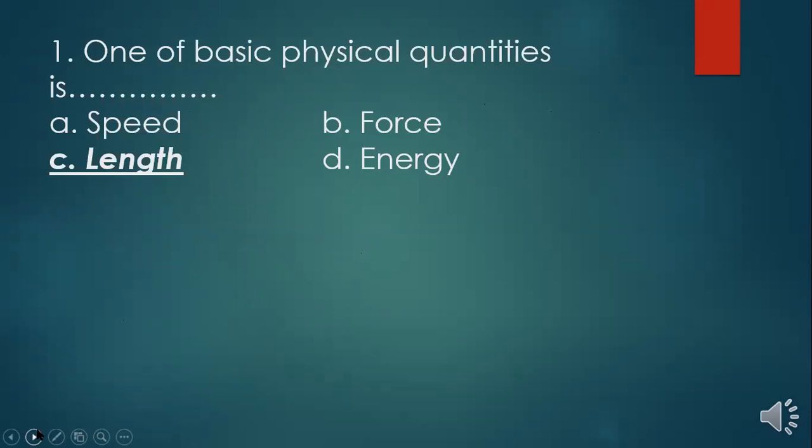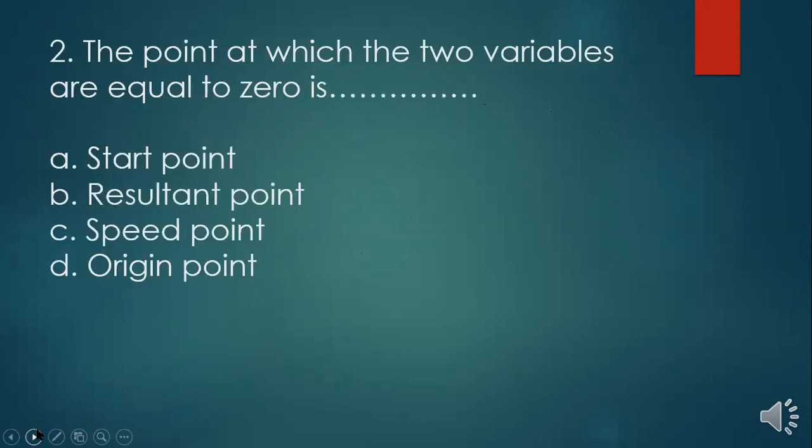Now going for the second question, the point at which two variables are equal to zero is named, right? Or what is it called? Now, this is an easy part in physics and in math as well, right?